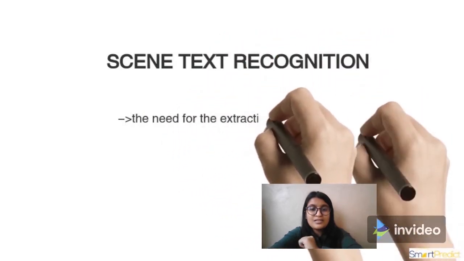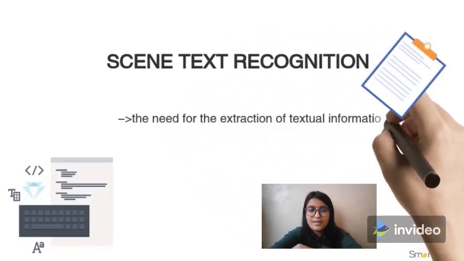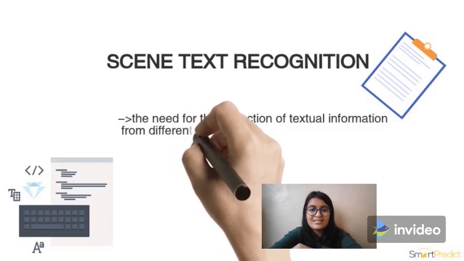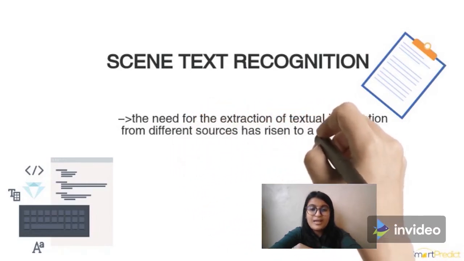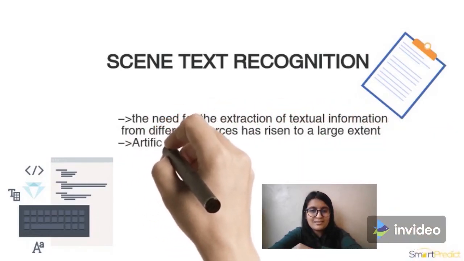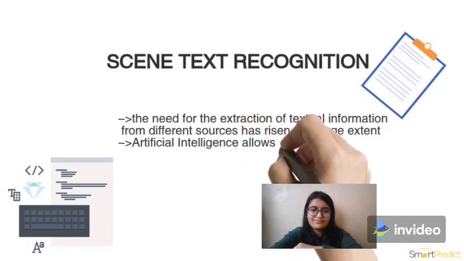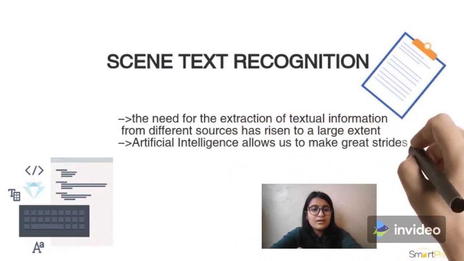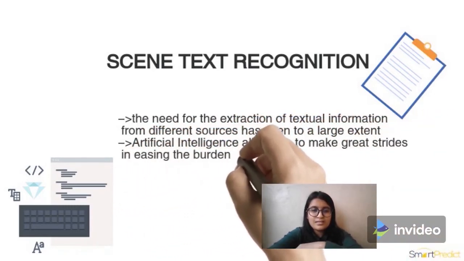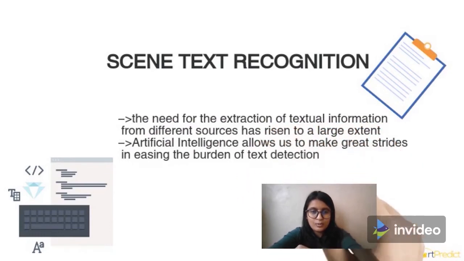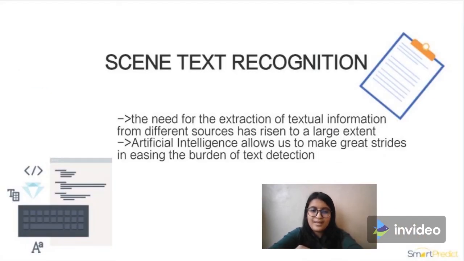And artificial intelligence allows us to make great strides in easing the burden of text detection and other document analysis and understanding. The method of converting the text present in images or scanned documents to a machine readable format that can later be edited, searched, and used for further processes is a really good and very advanced approach.